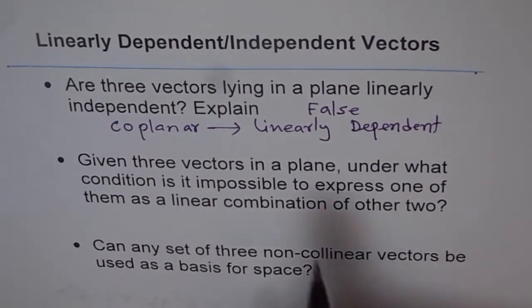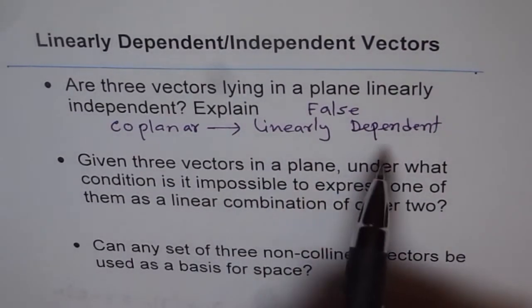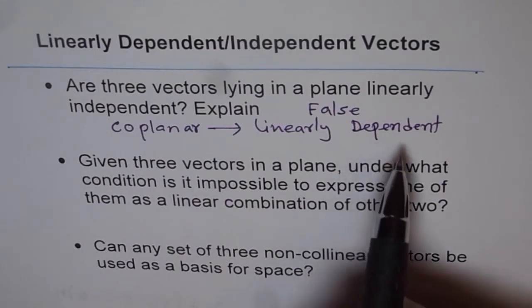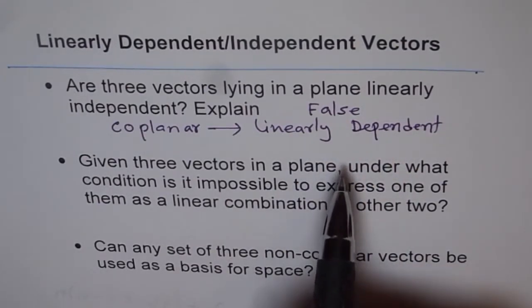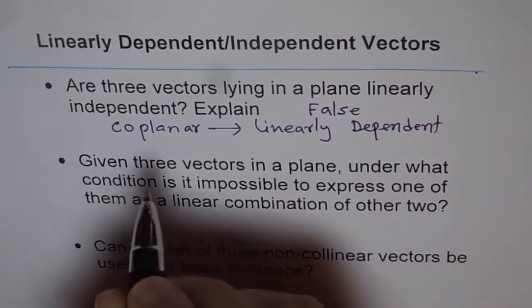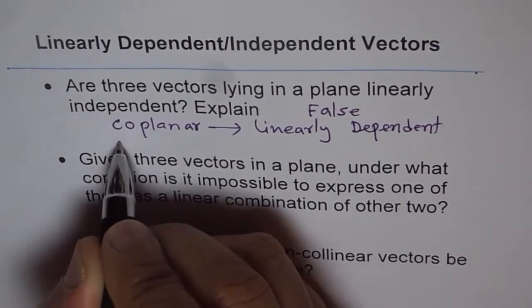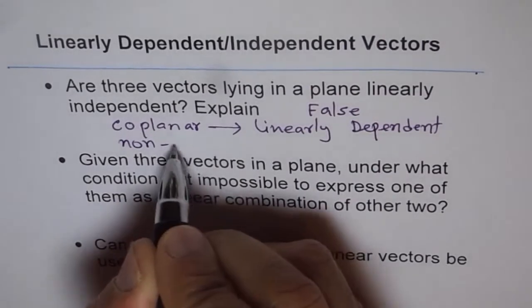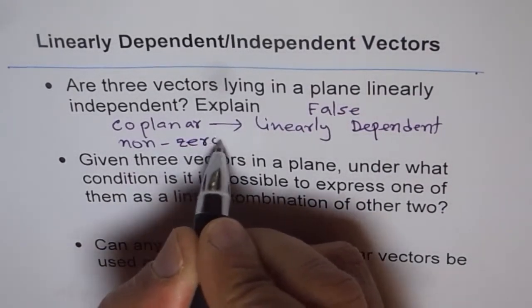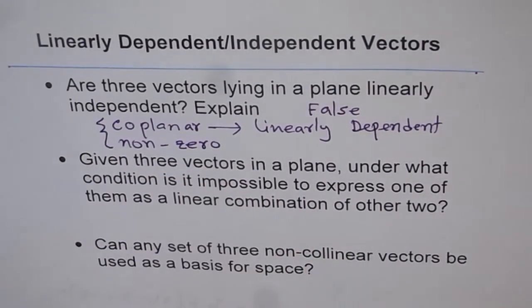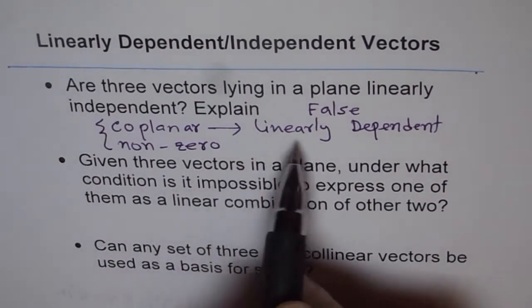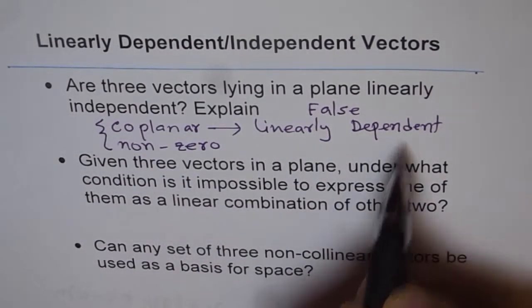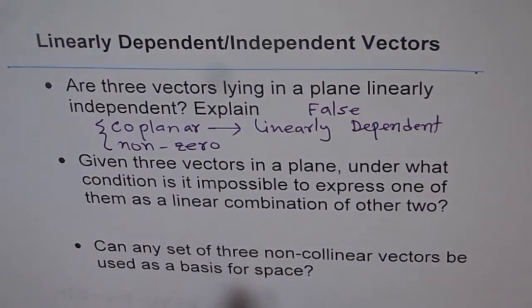Second, if there are 3 vectors and they are coplanar, will they always be linearly dependent? None of them should be 0, so they should also be non-zero. If you combine these 2 properties, coplanar and non-zero, then only you will get linearly dependent, otherwise you won't, correct?